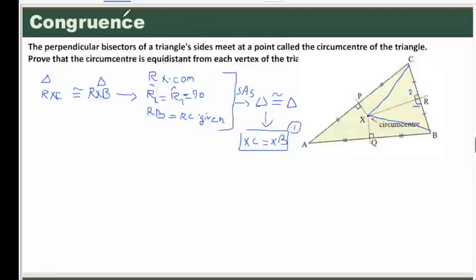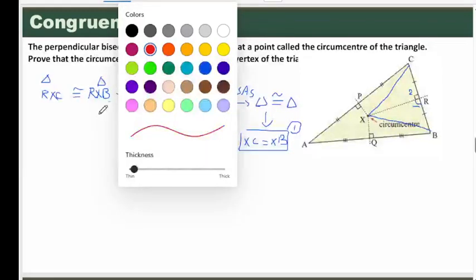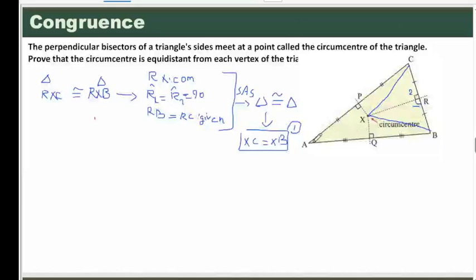I will go for step 2. Let me change my color. Now here I draw a line between X and A, and get XC again, but this time with a red color.